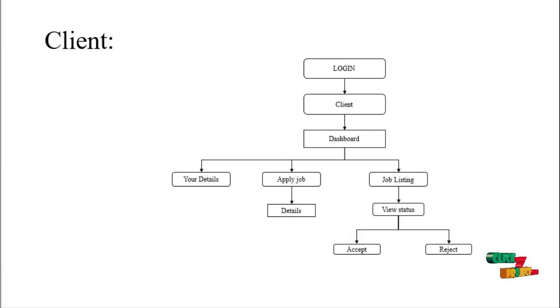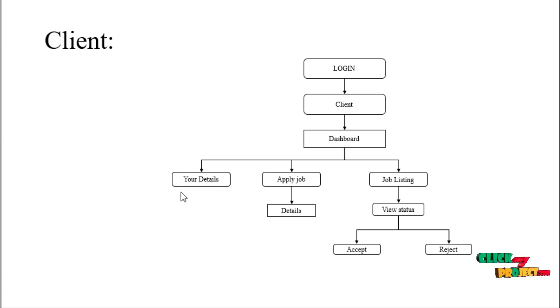On the client side, you log in as a client and the dashboard is shown. You have your details, apply job, and job listing. In your details, you can edit or correct answers and update your profile details.